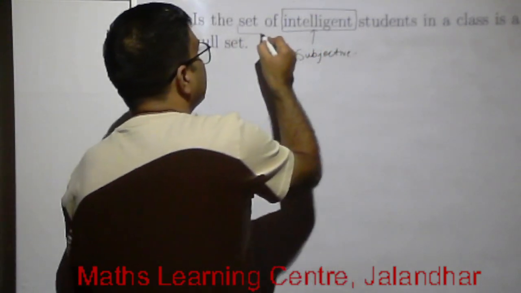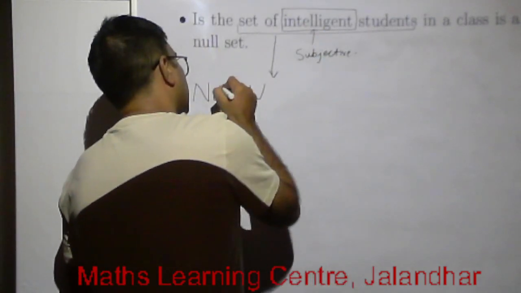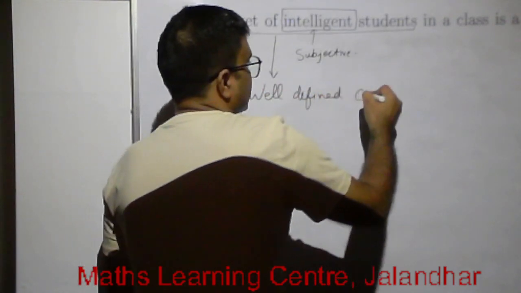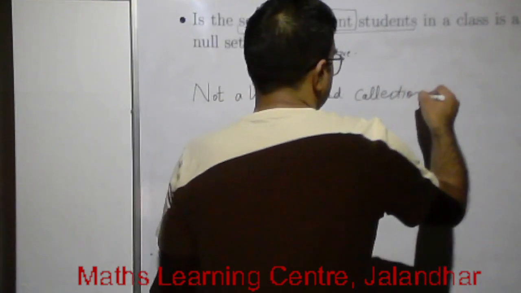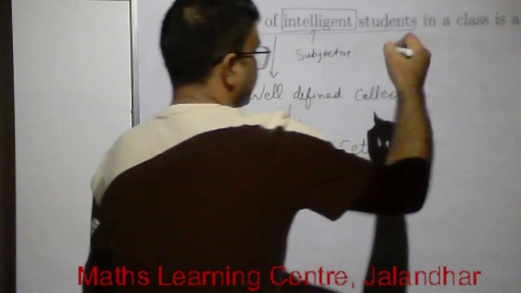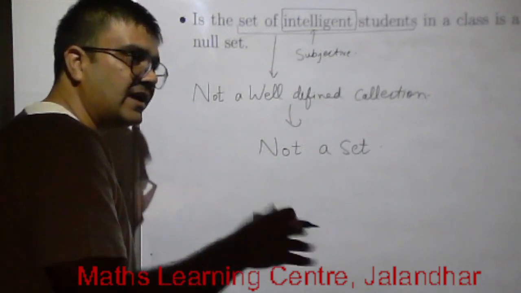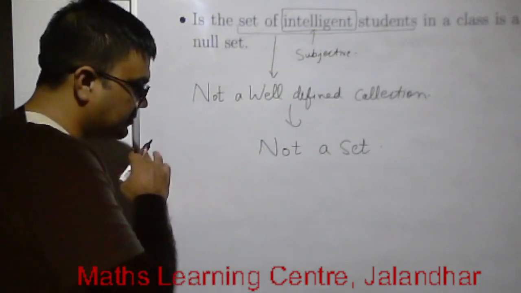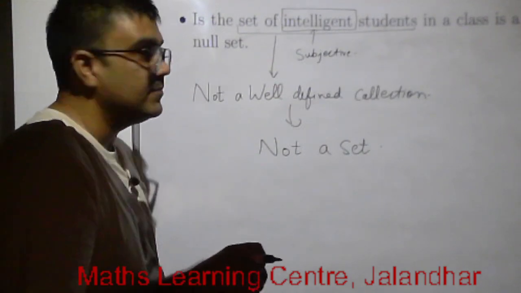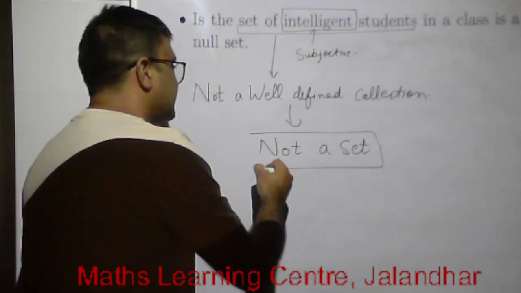So when we are talking about the set of intelligent students, we are saying that this collection is not a well defined collection. So it is not a set. There is no question whether it is an empty set or a finite set or an infinite set. For anything like this, if we are talking about it being an empty set or a singleton set, first of all it should be a set. But when we are talking about this collection, we are saying it is not a set.